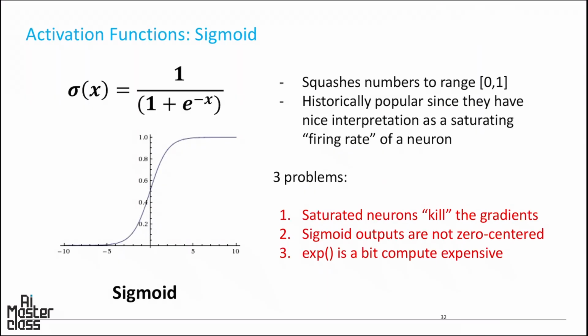Now let's talk about the old school activation functions. The sigmoid happened to be probably the oldest one, inspired from the mind, and what sigmoid does is it squishes. So always your x-axis, this one, is your input.